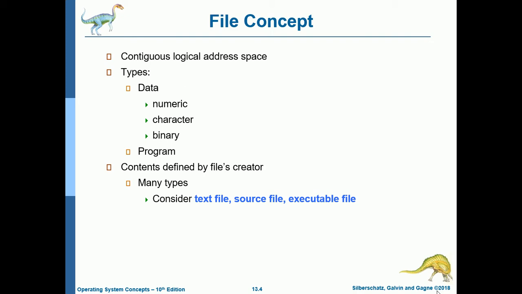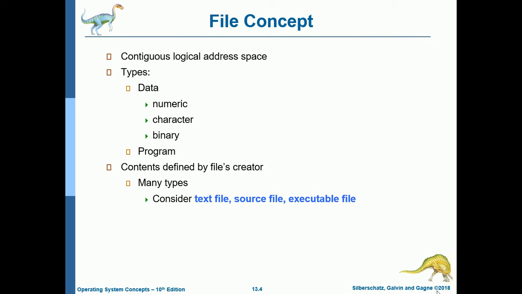Okay, so next we have types. Files actually have many types. It can be data, which can be numeric, character, or binary, or it can also be a program. And then the contents are defined by the file's creator. Specifically, if you are using an Office Productivity Suite, you're the one who controls what will be the contents of your document, of your Excel file, or of your slide presentation file.